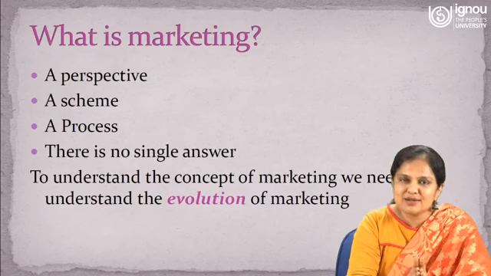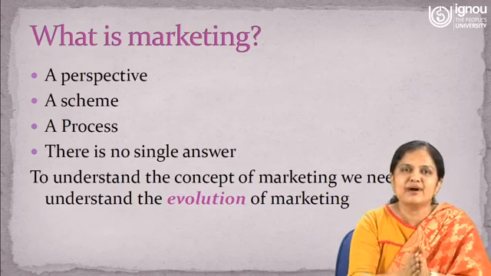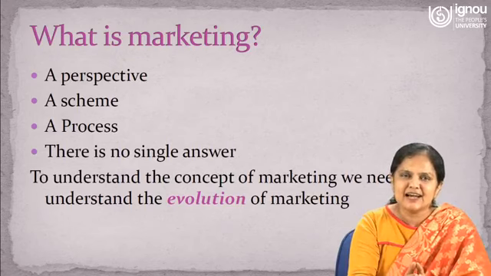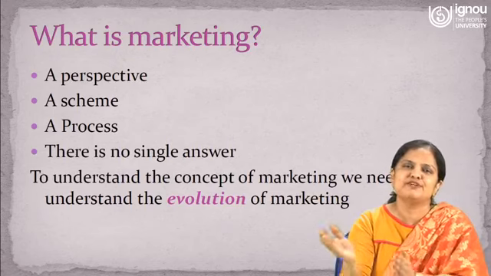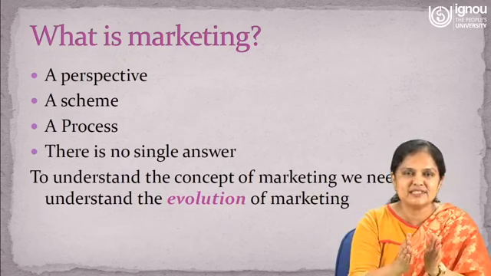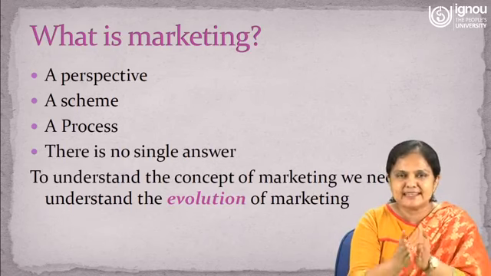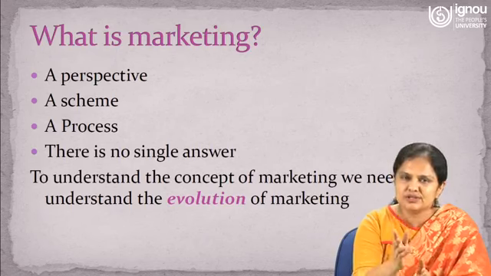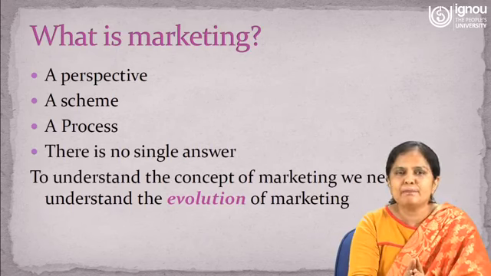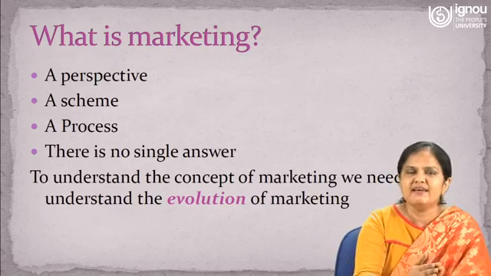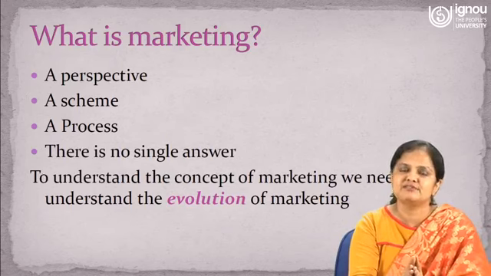Why? Because the entire functioning of marketing has seen a gradual change over a period of time. In this session, we'll divide that period of time into two parts: the pre-industrial revolution era and the post-industrial revolution era.